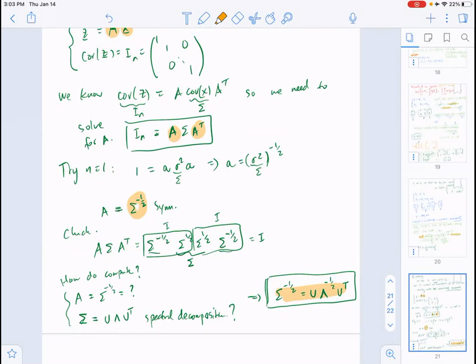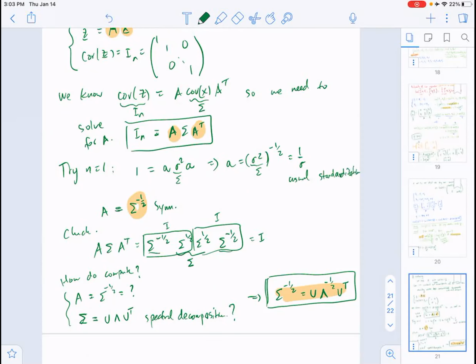This is exactly that for a vector. In the univariate case, the transformation is to multiply the scalar by 1 over sigma, which is the usual standardization.